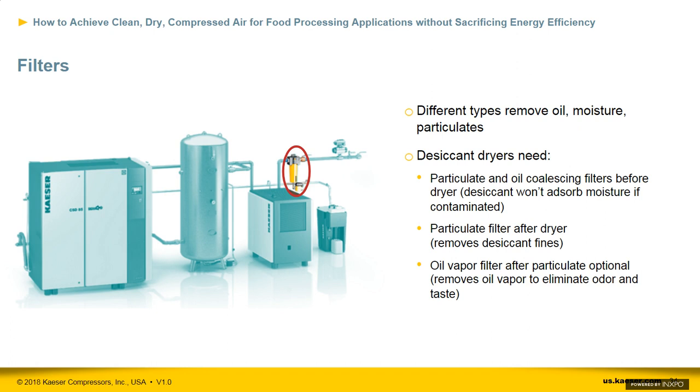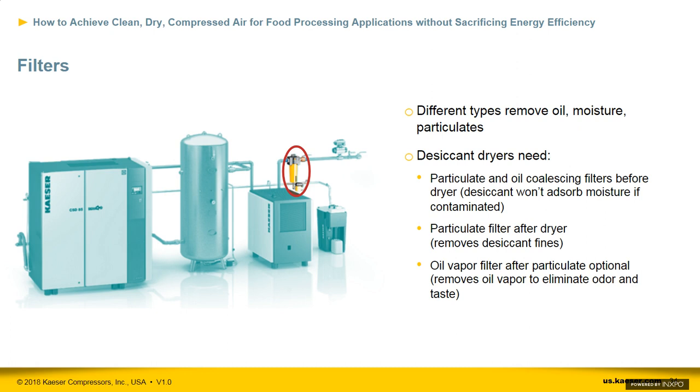And now here is the big topic to consider for the food industry. If you are concerned about odor and taste, you have to include an oil vapor filter. To meet ISO 8573 Class 1 for oil, always include a vapor absorber.